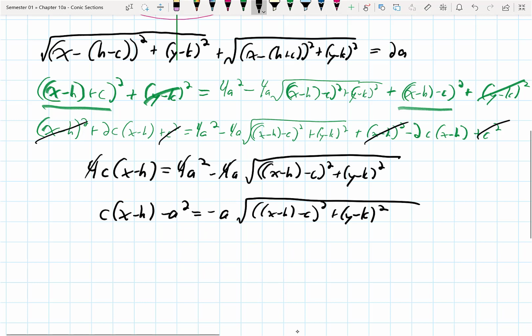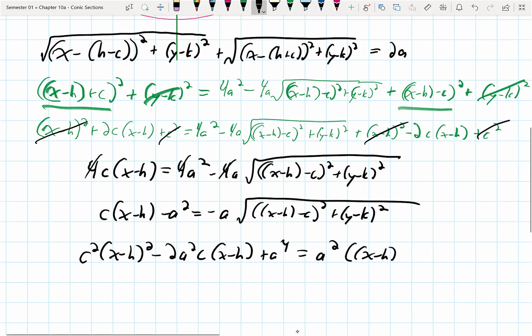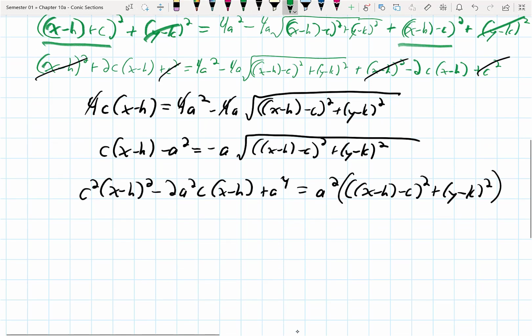So when I square the left side, I'm going to get c squared times x minus h squared minus 2 times a squared times c times x minus h plus a to the 4th equals a squared, and then this came out of the radical, so x minus h minus c squared plus y minus k squared, and that's all in parentheses. Whew. Keeping your algebra straight yet?